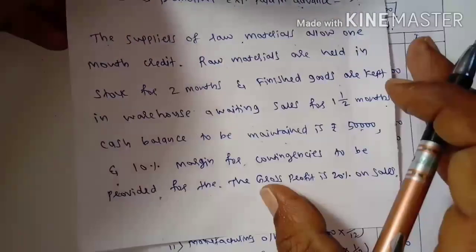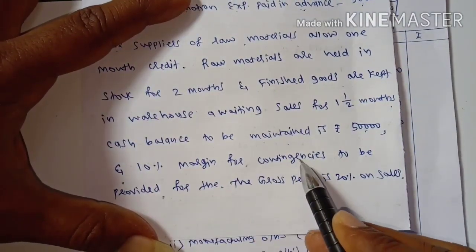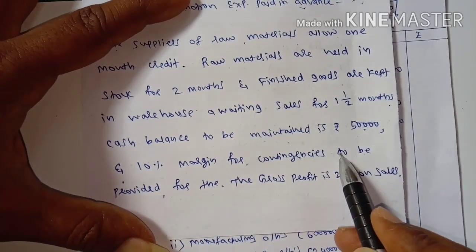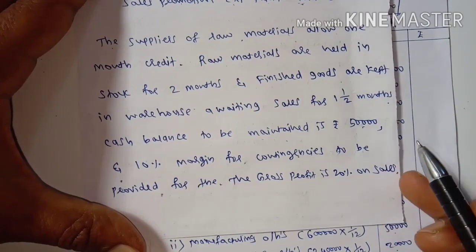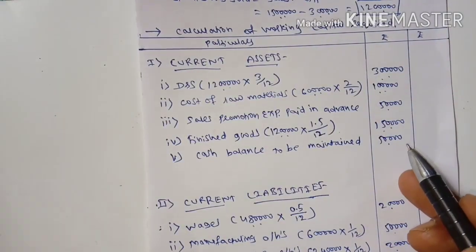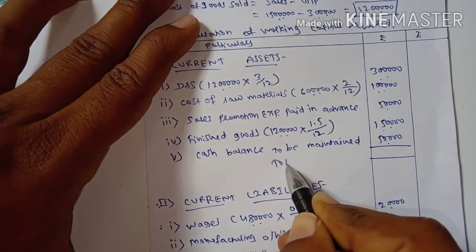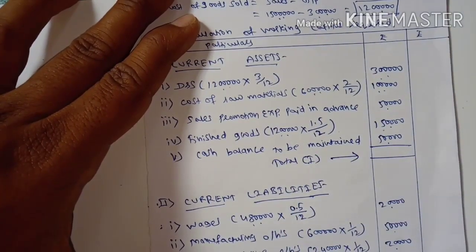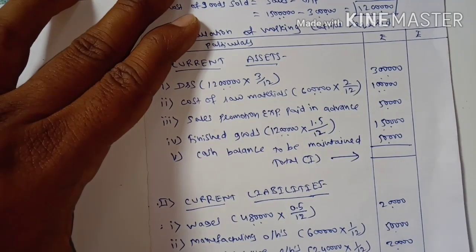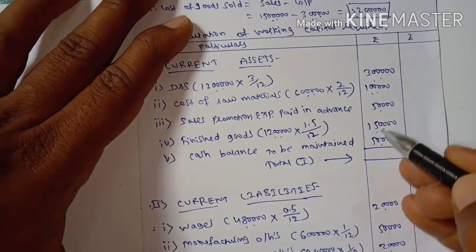Now, and 10% margin for contingencies to be provided for. So this 10% will be taken later on. Okay, now I will make the total of these current assets. So I will call it total 1 and I will call this total total 2. So use the calculators and make the total.